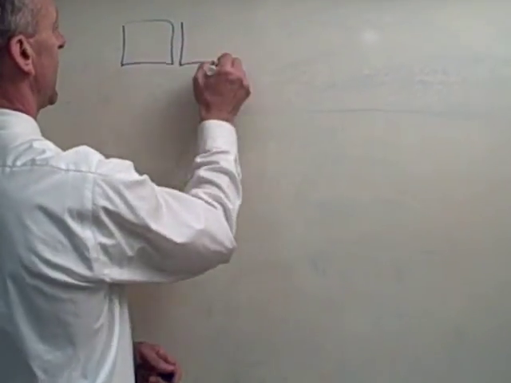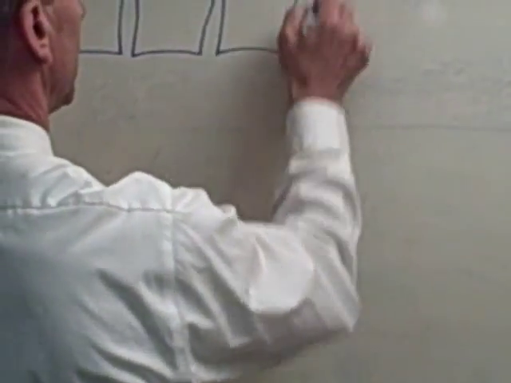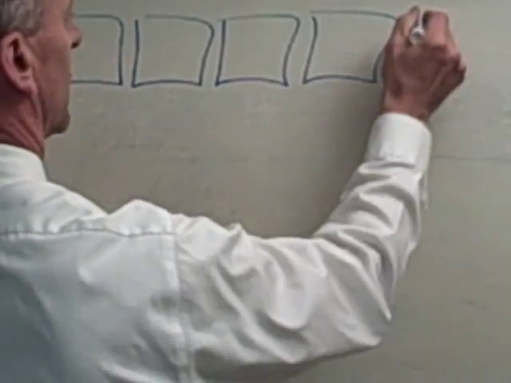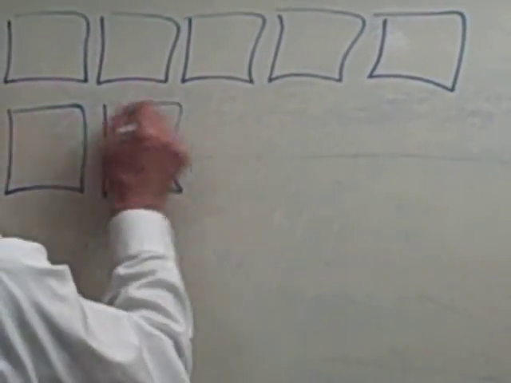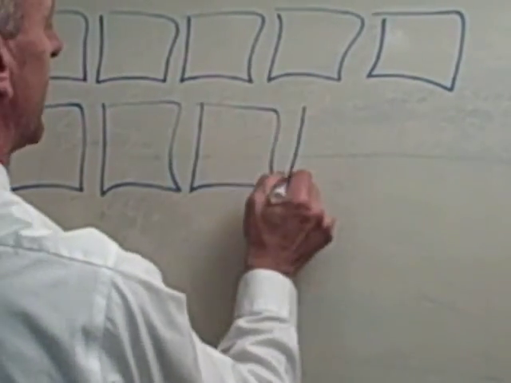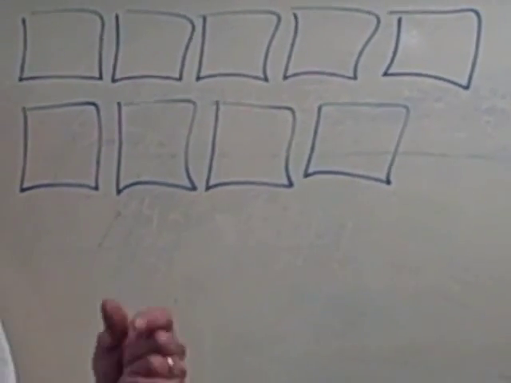If I have 9 packages of cheese, and I'm going to use those packages to make pizza, how many pizzas could I make if I needed 1/3 of a package of cheese for each pizza?